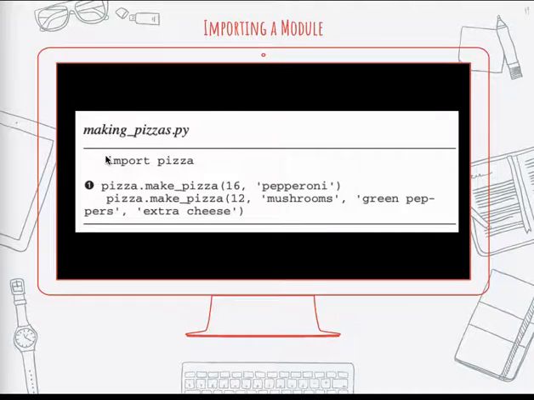To call a function from an imported module, enter the name of the module you imported, pizza, followed by the name of the function, makePizza, separated by a dot. This code produces the same output as the original program that didn't import a module.